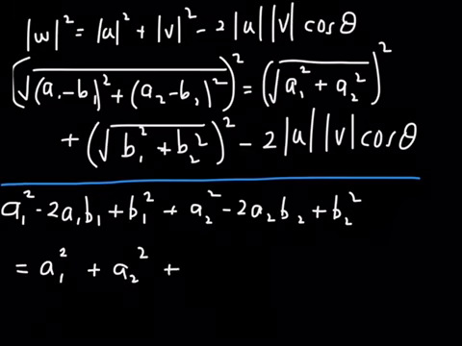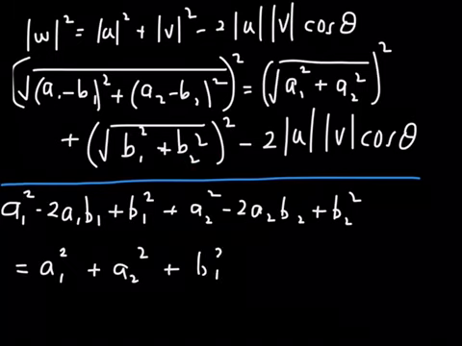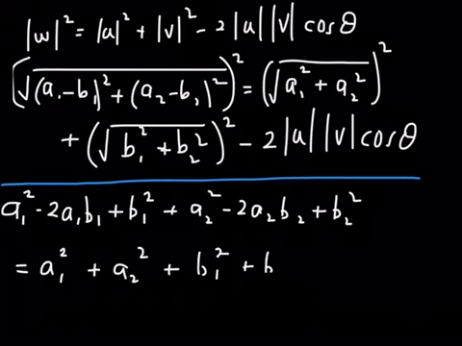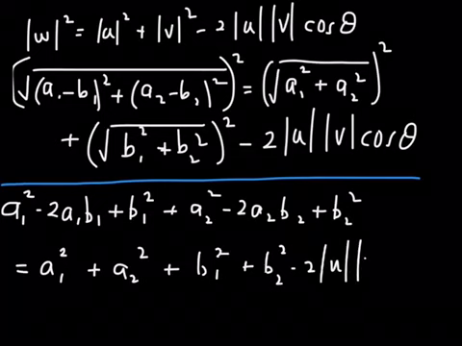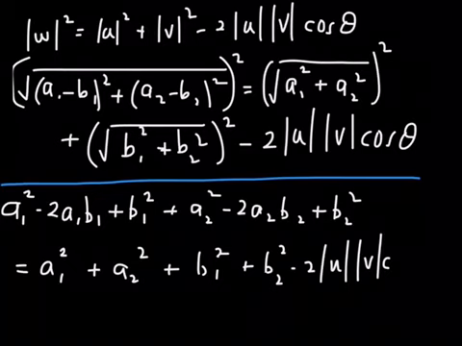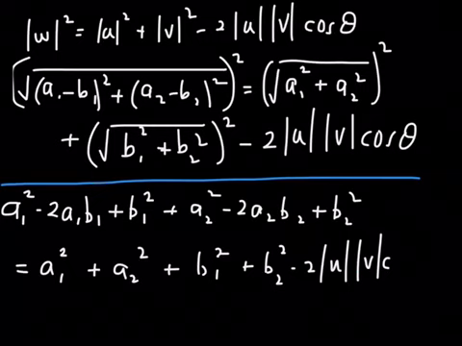Plus, now over here, this square root is gone because of the squaring, and you're left with b sub 1 squared plus b sub 2 squared minus 2 times the magnitude of vector u times the magnitude of vector v times cosine of our angle theta. All right.